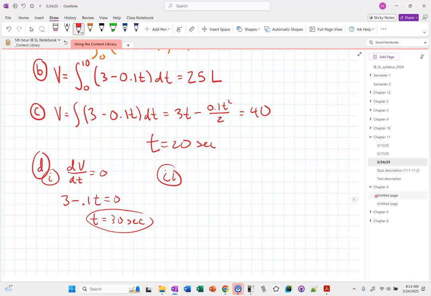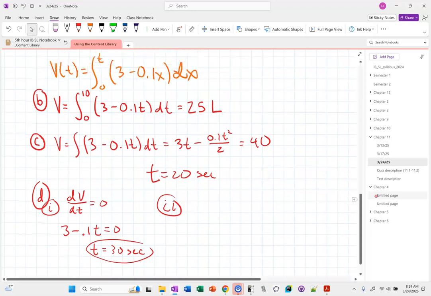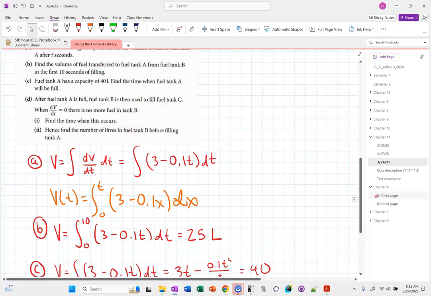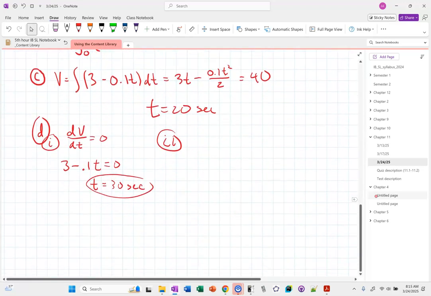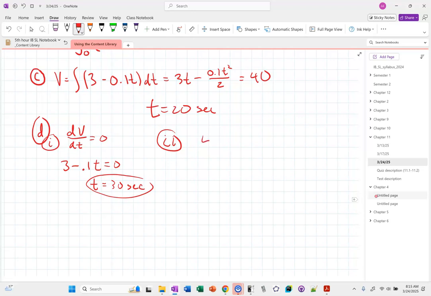So far, so good. So for part 2, it says then find the number of liters in fuel tank B before filling fuel tank A. There are two ways I could do this.